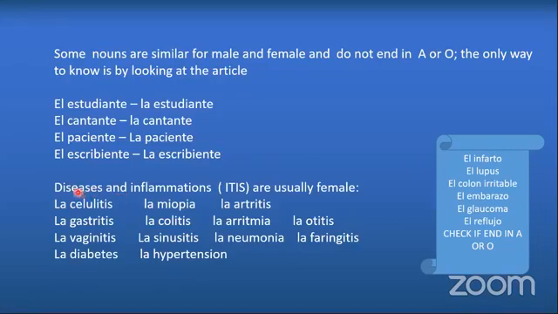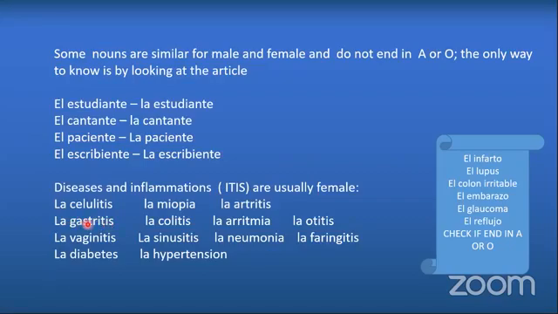In our jobs, diseases and inflammations are usually female, especially those inflammations and infections that end in itis. So let's read those. La, we said it's female, right? La cellulitis. La gastritis, inflammation, right?